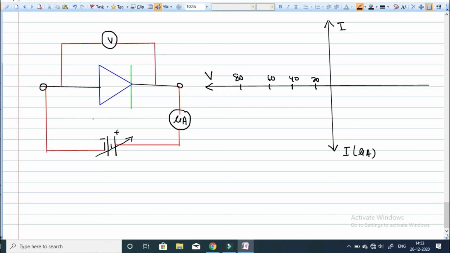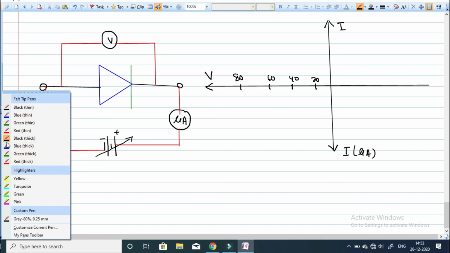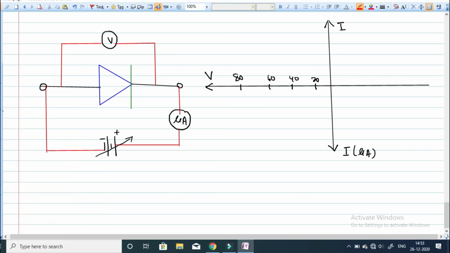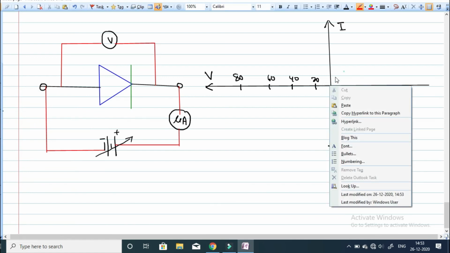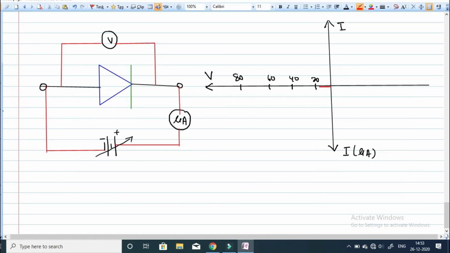Now what happens for a small value of reverse voltage, the diode will not conduct. But if you keep on increasing the reverse voltage, one stage will come when the diode will suddenly start conducting.